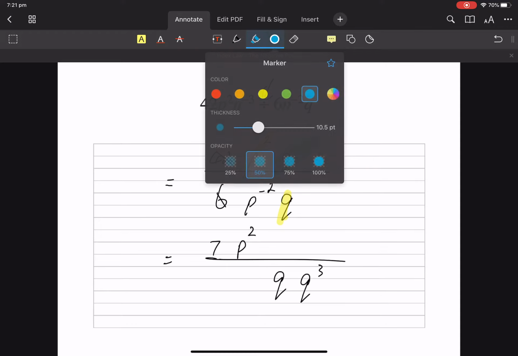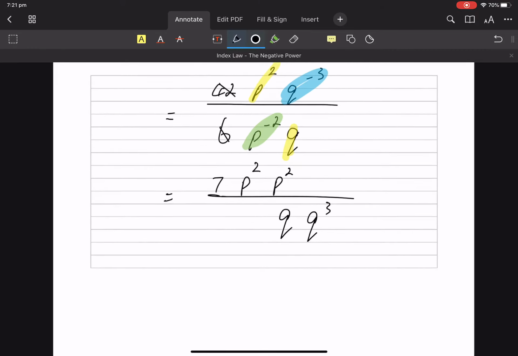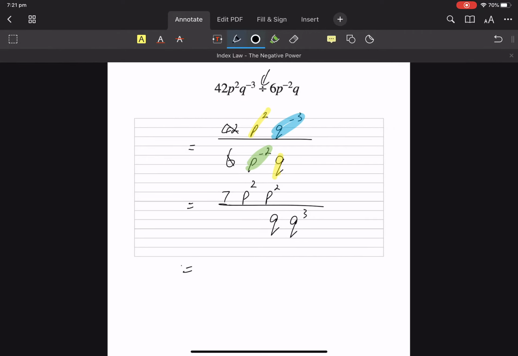And when I write that one, because it's a negative, it swaps place. So it's going to come up to the top. So on my vinculum, I've got a 7. How many p's on top? How many q's on bottom?